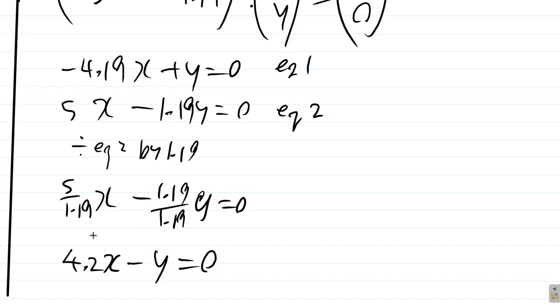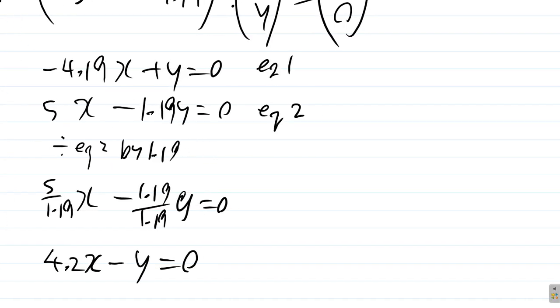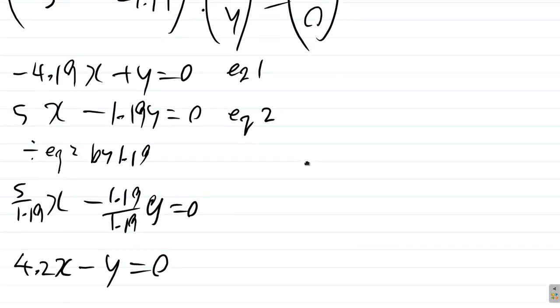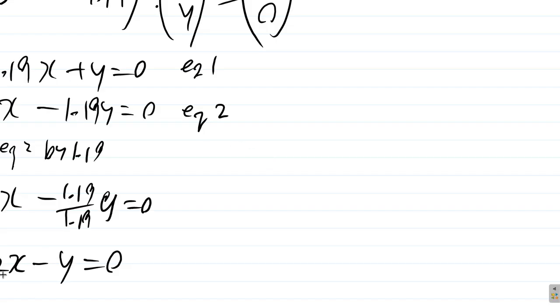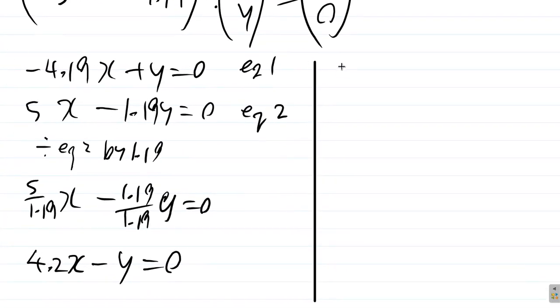In this case, we have run out of scrolling space. Let's just do this part over here. If we multiply equation 1 by negative 1, we have 4.19x minus y equals 0.